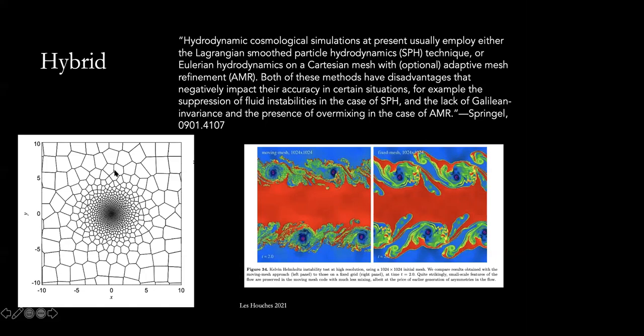On the left is an example of this moving mesh from Volker's paper. On the right is an example of how these moving meshes do, and the scales that you can resolve with respect to a fixed mesh. This is a standard Kelvin-Helmholtz instability test. So you can resolve a lot more detail and structure in this moving mesh approach.